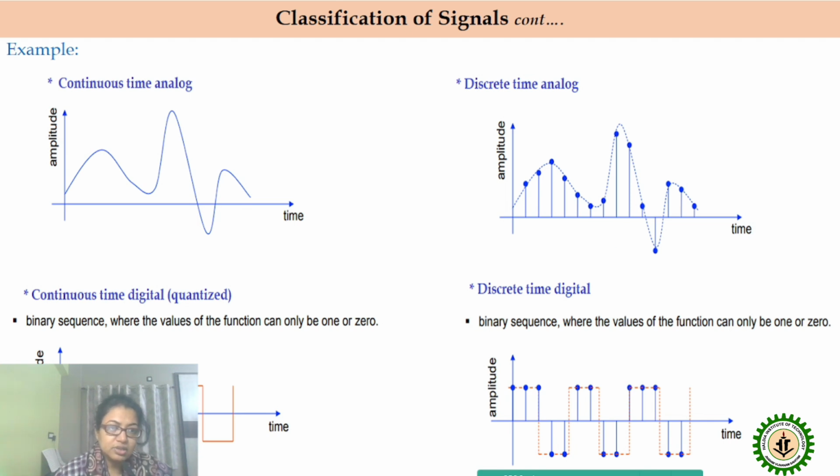Now this signal is a continuous time digital signal, meaning this time axis is continuous, but it has only two states, low state and high state. So you can say continuous time digital. Another one is discrete time digital. Here the time scale is discretized, but it has only two states, low and high.